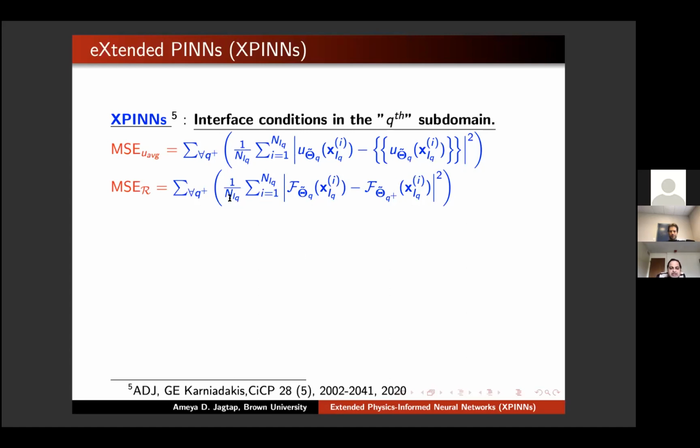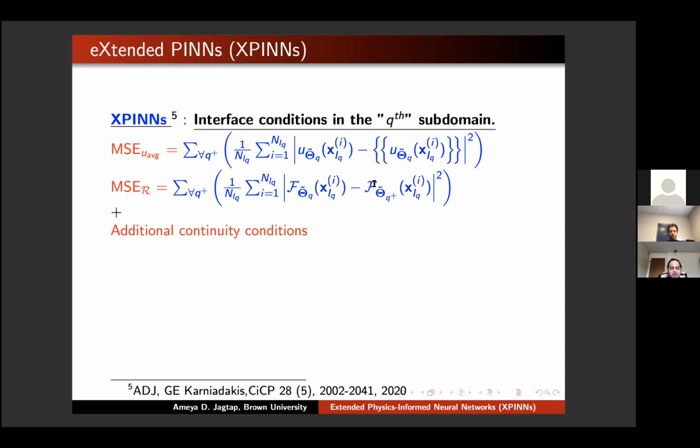In this way, you can actually decompose in time also. That's the idea here. Apart from the residual continuity condition, you can also add other continuity conditions depending on the orientation of the interface as well as the nature of the PDE.